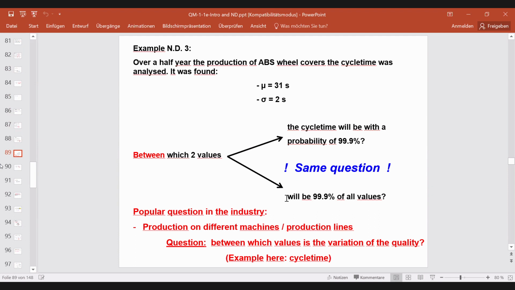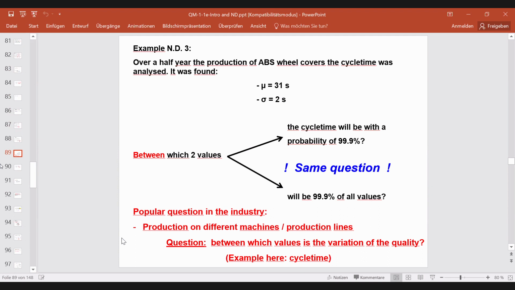Or you can also ask between which two values will be 99% of all the values. It's the same question. And this is very popular in the industry. There are a lot of cases where you put a question regarding production of different machines or different production lines.